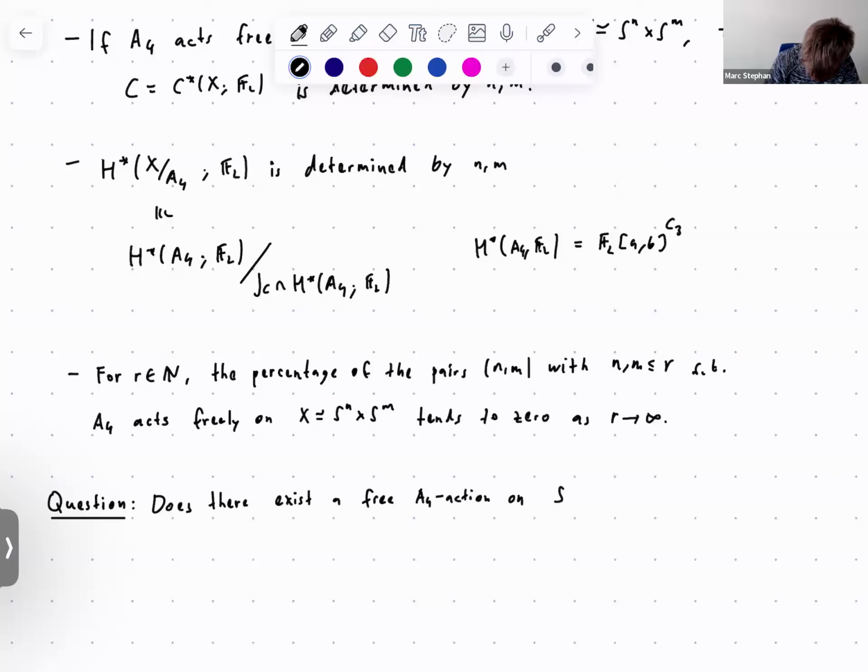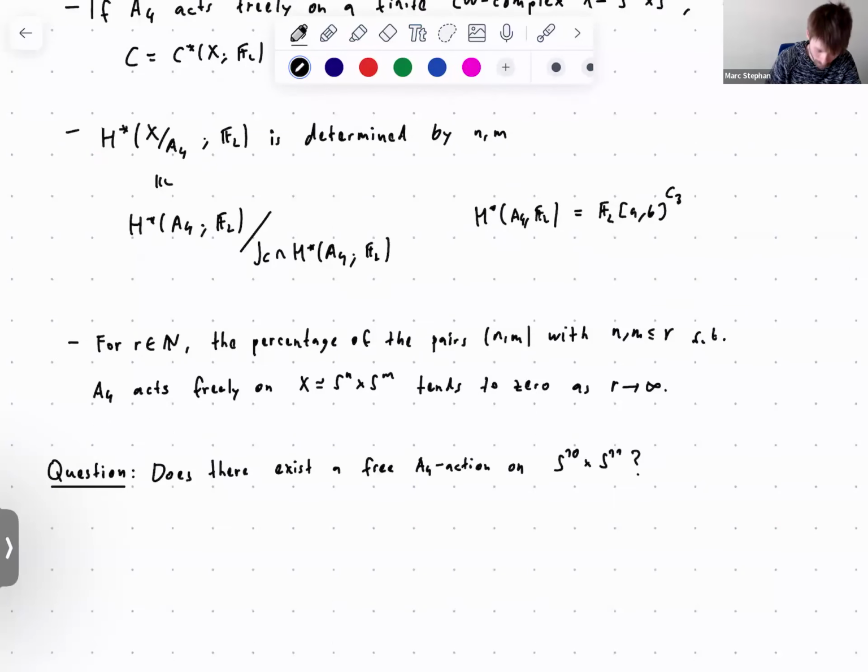So this is the first pair we don't know. And what we do know is that the cohomology of the quotient space would be as follows.